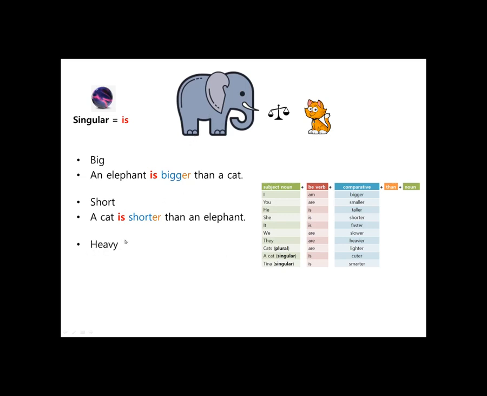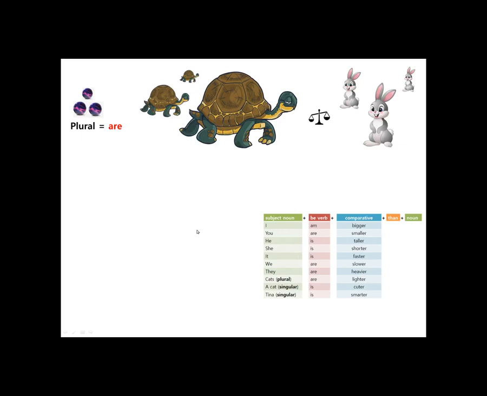And heavy. An elephant is heavier than a cat. Remember, heavy ends in a Y, so we change it to IER. Okay, plural. This is more than one. So 1, 2, 3. These are tortoises, and these are rabbits.